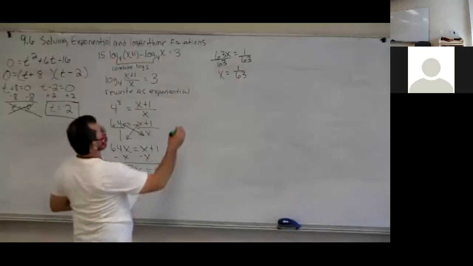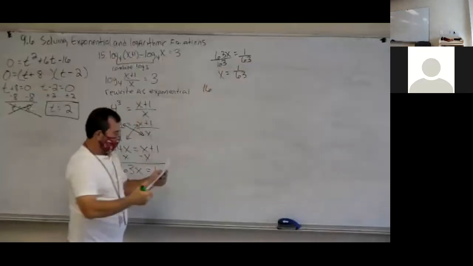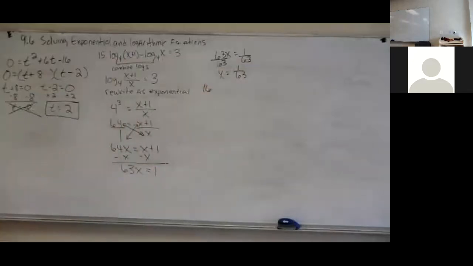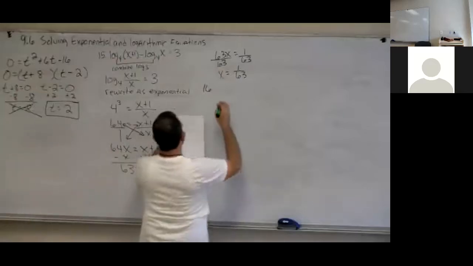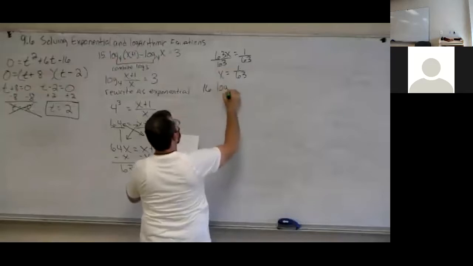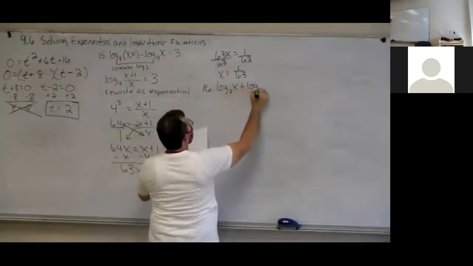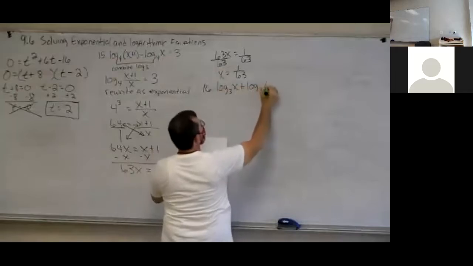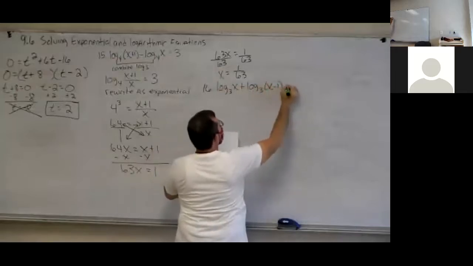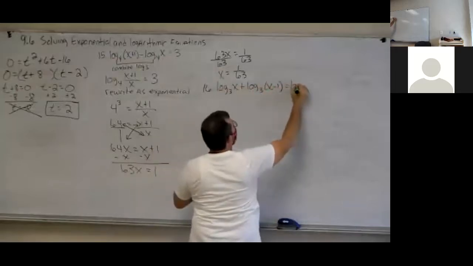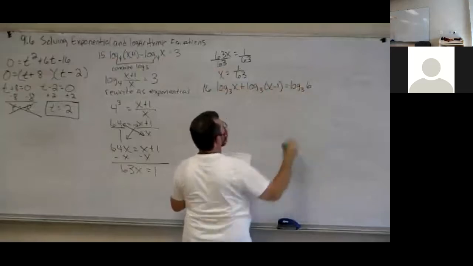All right, next is 16. So I'll do 16 and then I'm going to sort of step back and skip the exponential ones, okay? All right, 16 has log base 3 of x plus log base 3 of x minus 1 is going to equal log base 3 of 6.